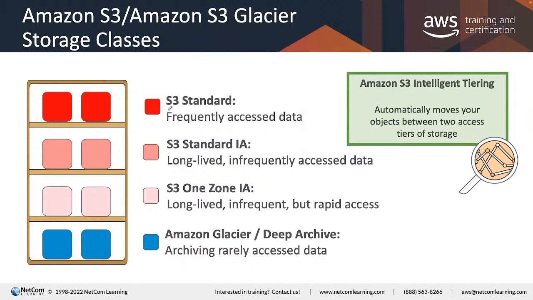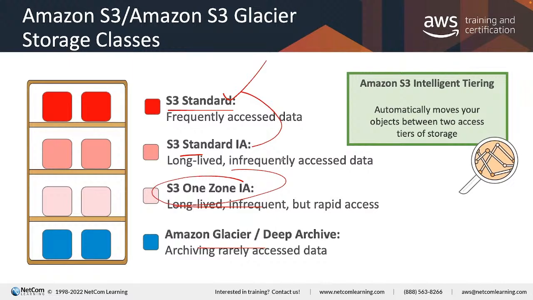Now, S3, we have many tiers. By default it is Standard, but you can move to IA, Infrequent Access. The storage cost will be much lower. However, the retrieval pricing will be higher. One Zone has only one single copy in one single availability zone.